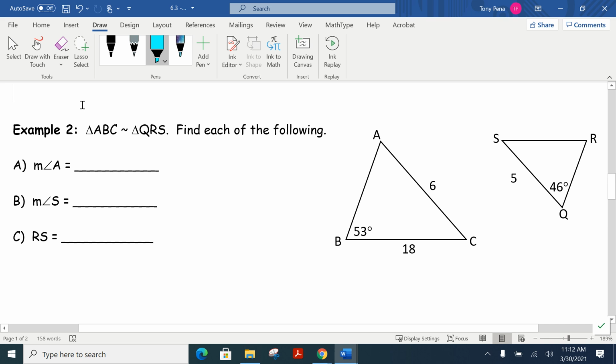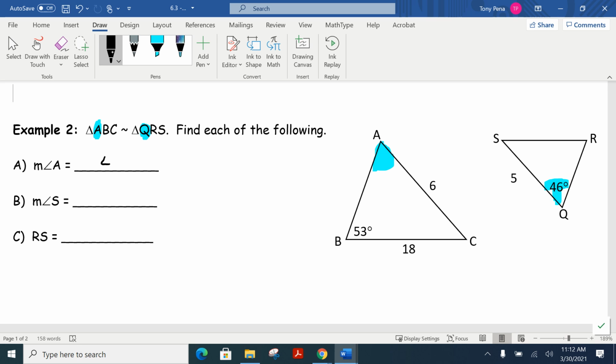So measure of angle A, you're not given. That's what we're asking it. But if we look here in triangle ABC, A is the first listed term. So A would have to have the same degree measure as angle Q. If we go over to angle Q, don't we have angle Q? And angle Q is 46, so this has to be a 46 degree angle.